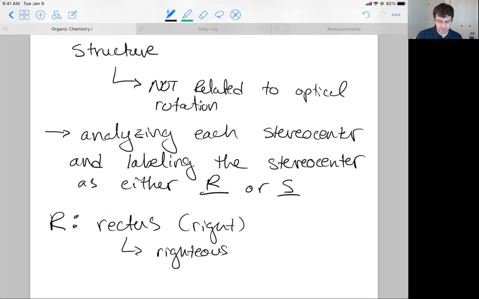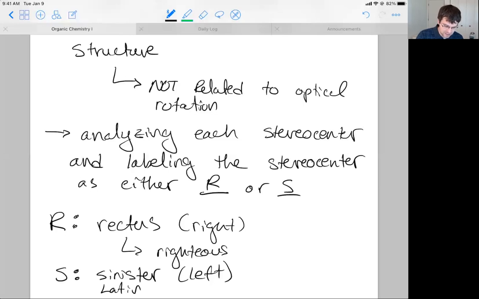I'm uncomfortable because S is supposed to be our left version, but it's the opposite, sinister or left. So that always makes me uncomfortable that we labeled the left-handed form of something as sinister. It's just Latin words. It really is just Latin. So let's just stick with that.